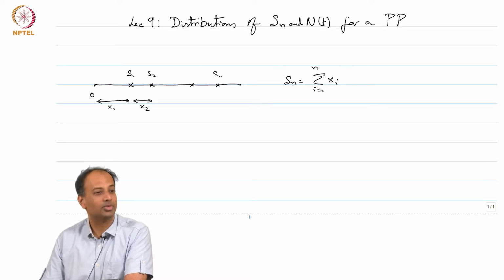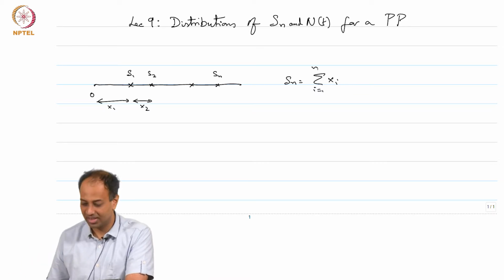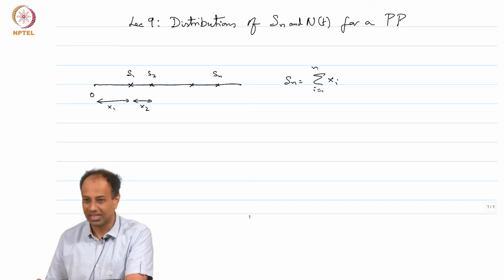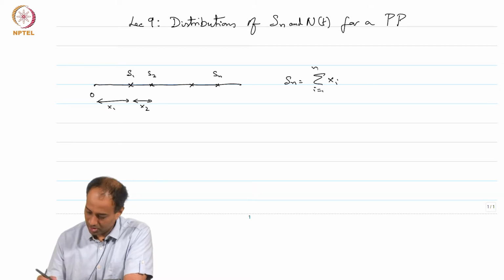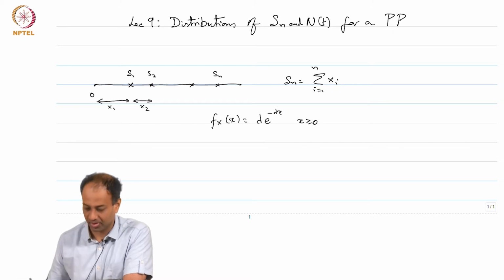So, what is the distribution of Sn? The basic thing is that these are independent random variables, so the density of the sum is given by the convolution of the density of each of these. And the density of each of these is the same, which is an exponential. So, if you take fX for each of these Xi's, fX is just lambda e to the minus lambda x for x bigger than or equal to 0.